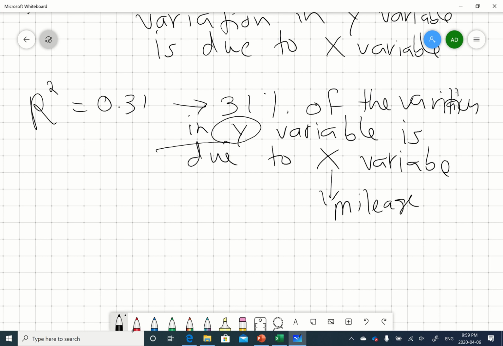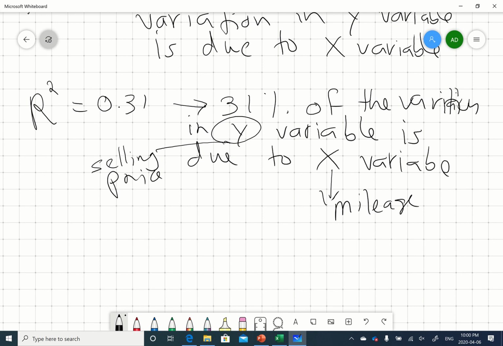Mileage of the car is only responsible for 31% of the variation in your selling price. So there are other factors. 31% means out of 100%, the rest is the rest of the changes. The rest of the percentage change in the selling price is due to some other factors we don't know.